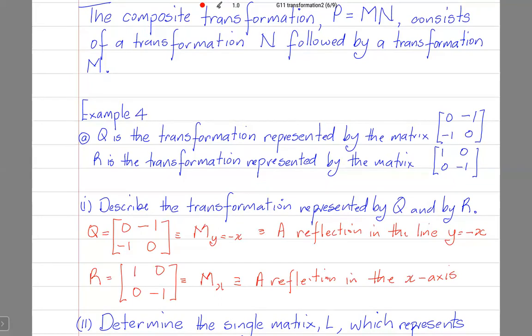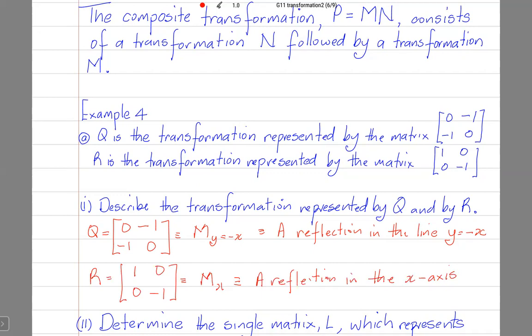All right. So that's the first thing. Q interchanges the x and y coordinate, and it changes their sign. So the transformation that does that is reflection in the line y is equal to x. In R, all R does is change the sign of the y coordinate.